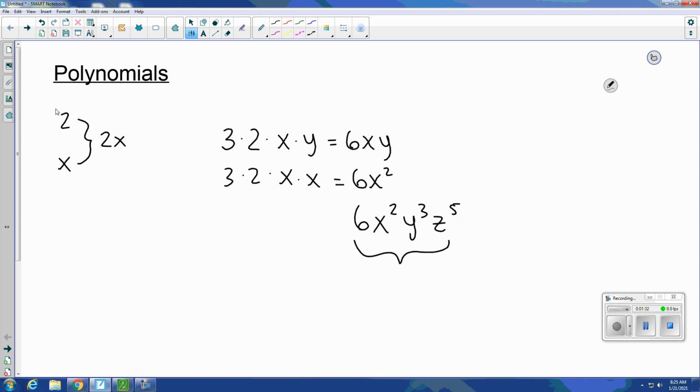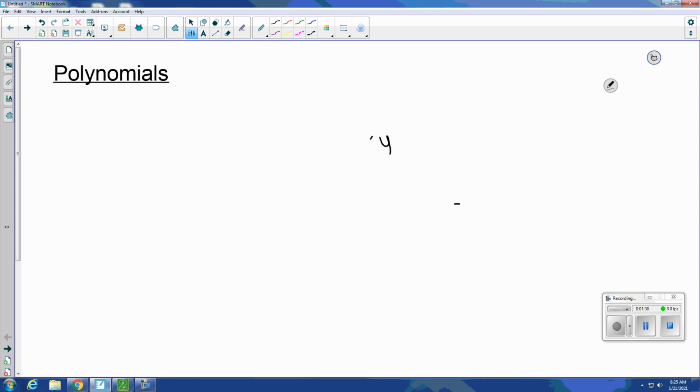Again, all these pieces are held together through multiplication. In the act of taking a constant or a variable or a combination of the two, or a combination of multiple constants, a combination of multiple variables, as long as we're combining them through the operation of multiplication, that new singular term is what we refer to as a monomial.